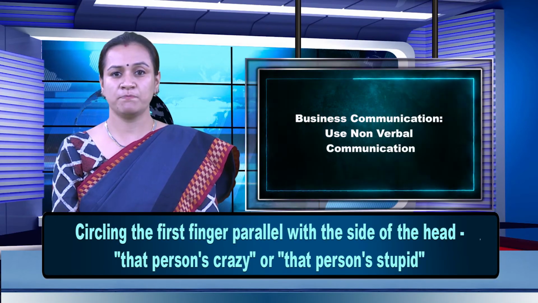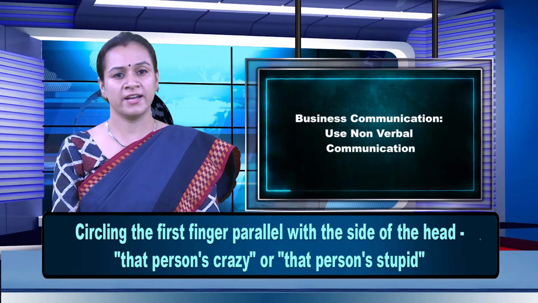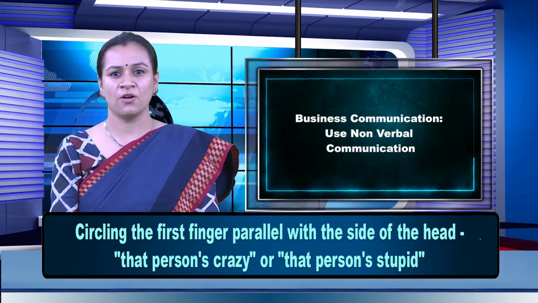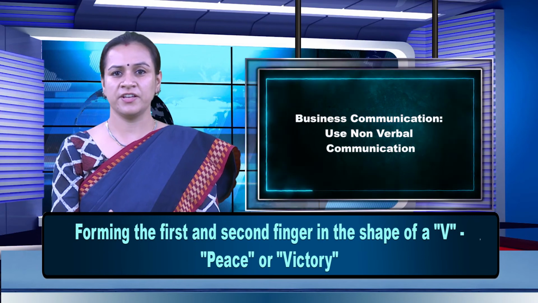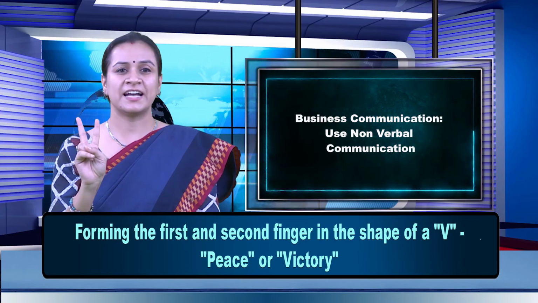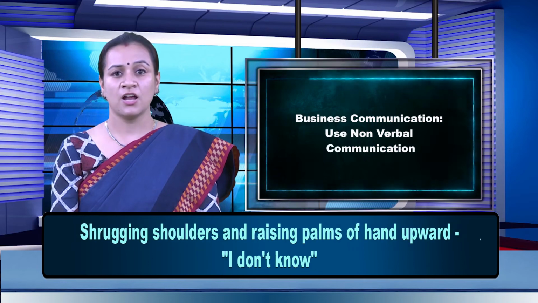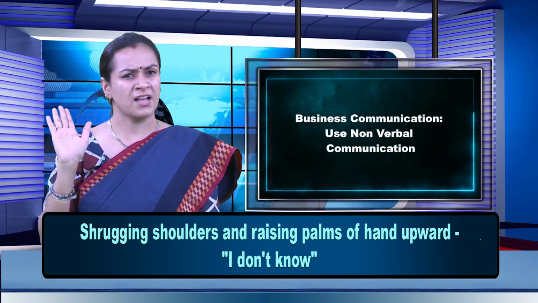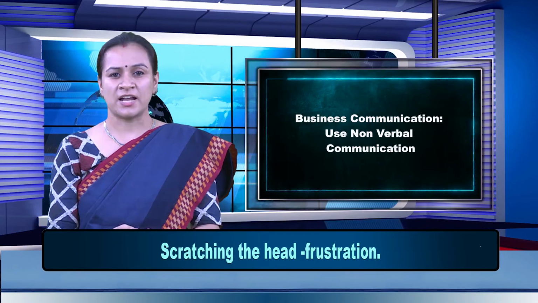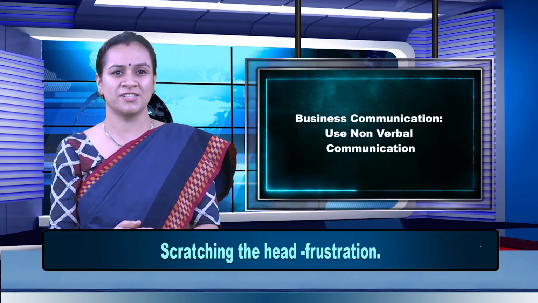Circling the first finger parallel with the side of the head, that is the person is crazy or the person is stupid. Forming the first and second fingers in the shape of a V, that is peace or victory. Shrugging the shoulders and raising the palm of the hand upwards, I don't know. Scratching the head for frustration.